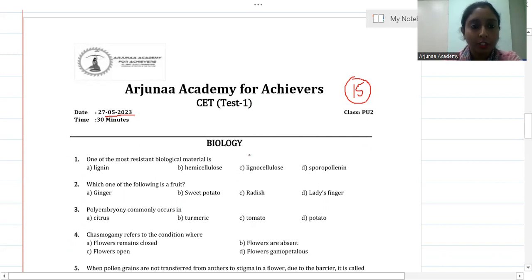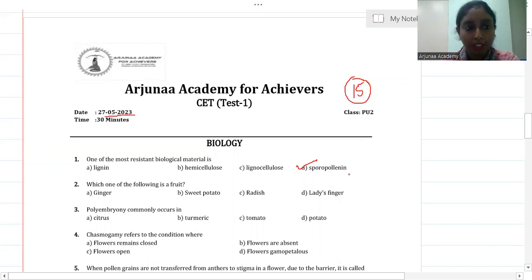So the first question, one of the most resistant biological material is. The options given are lignin, hemicellulose, lignocellulose and sporopollenin. Out of this, we know sporopollenin cannot be degraded by any chemicals, or even acid or alkali.